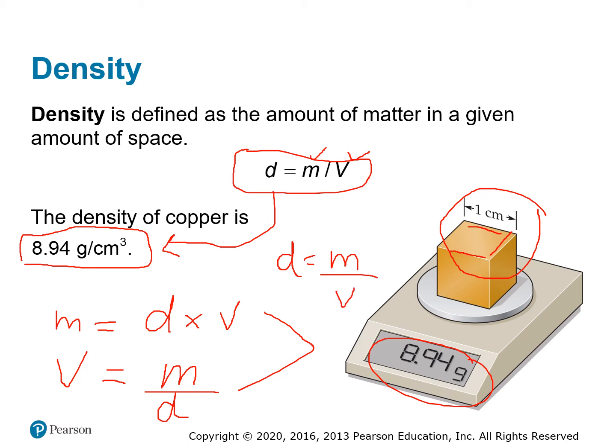You could be asked either to calculate density, or mass, or volume. And please practice the problems related to this equation and be comfortable doing that. I will be showing you one example, and there are some examples in the book and also in the homework.